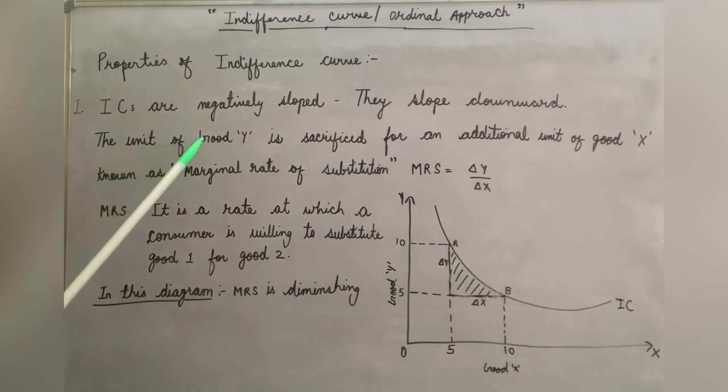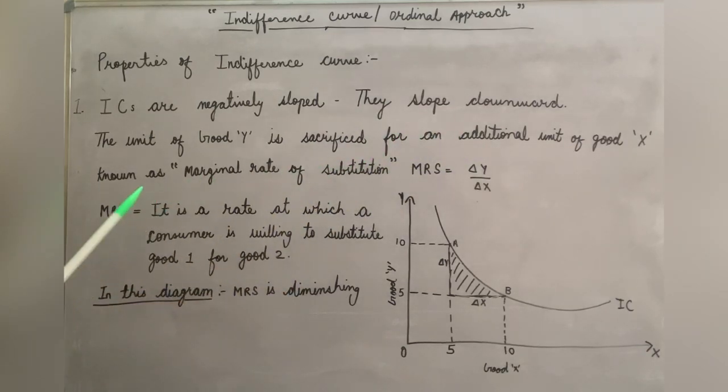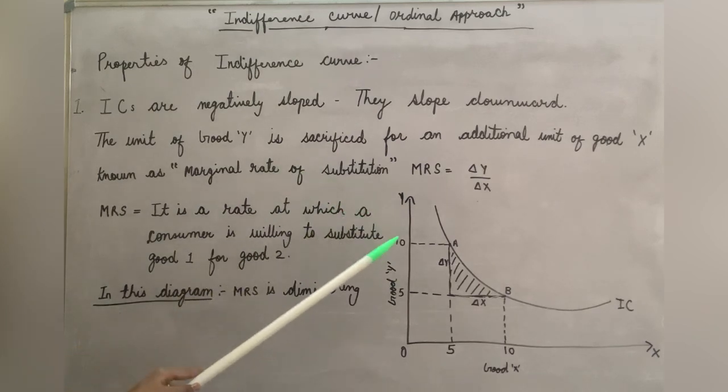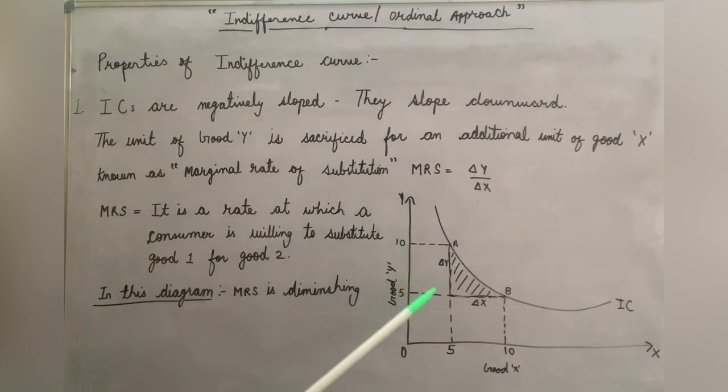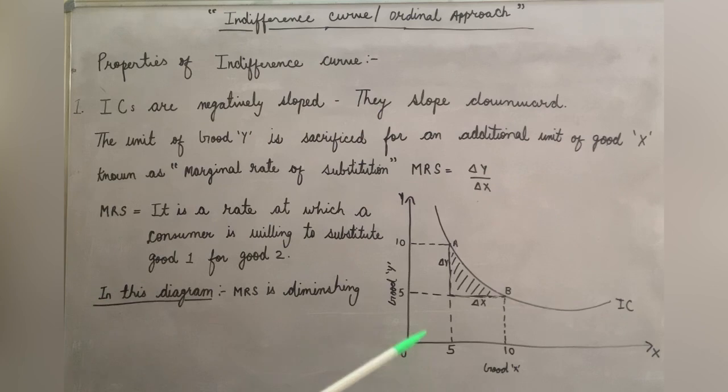The units of good Y sacrificed for an additional unit of good X is known as the marginal rate of substitution. Here we are sacrificing good Y for the sake of achieving good X. The law working behind that is called the marginal rate of substitution.